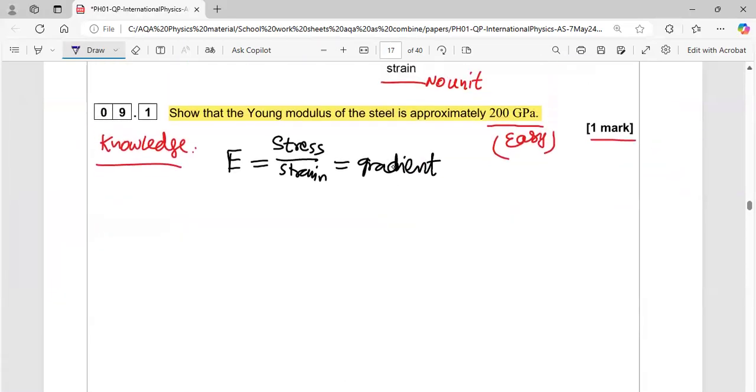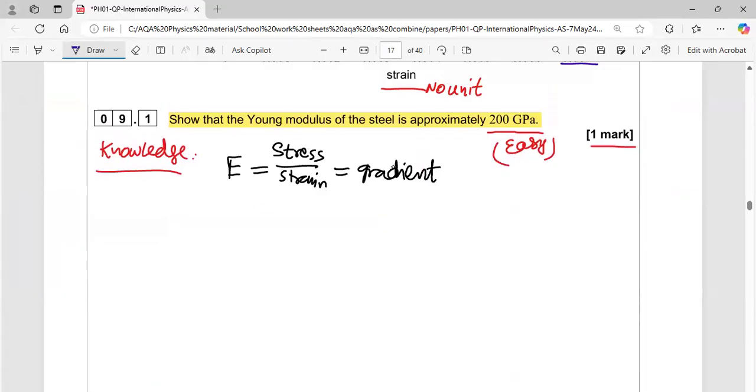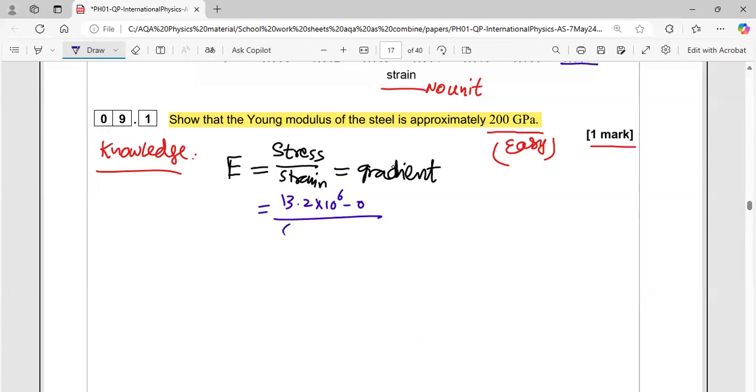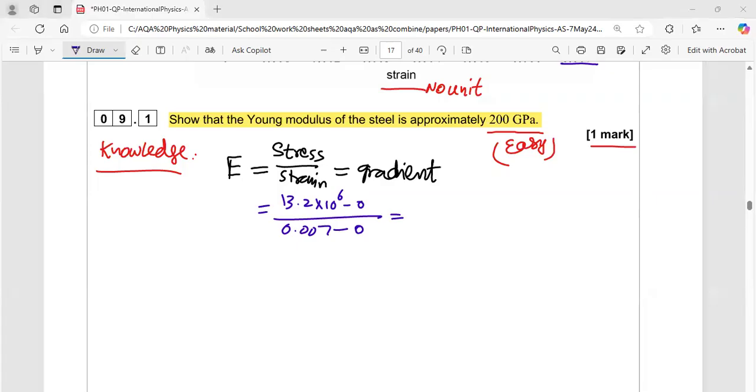Let's say you have solved that as 13.2 times 10 to the power 6 minus 0 over 0.007 minus 0. And let's say your answer is not 200, it is just close to that. For example, let me open the calculator.